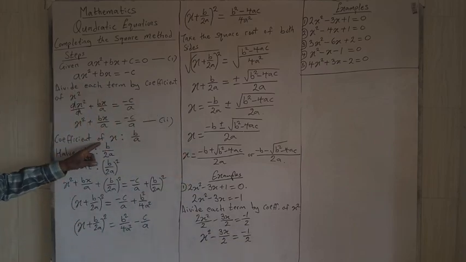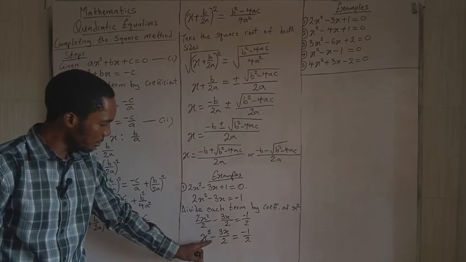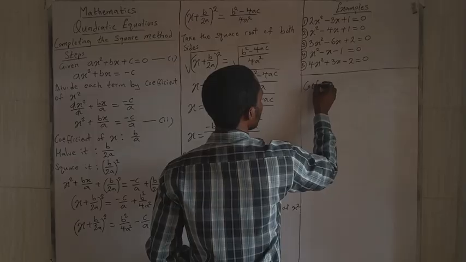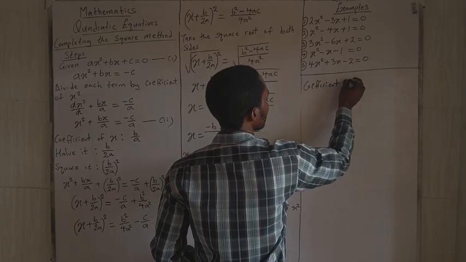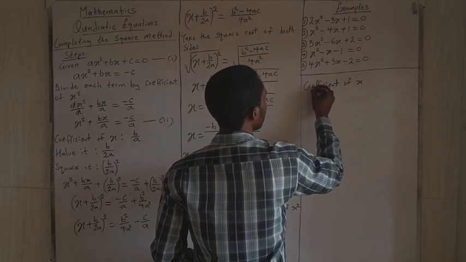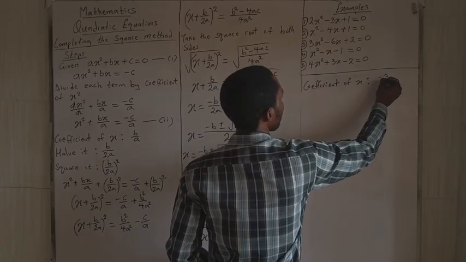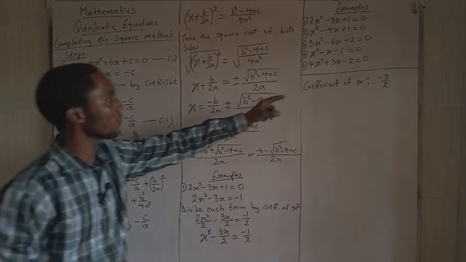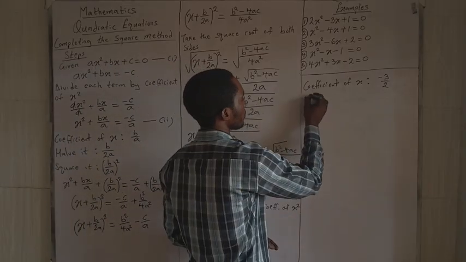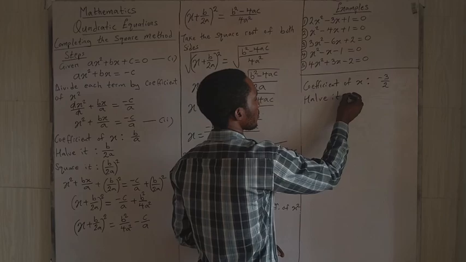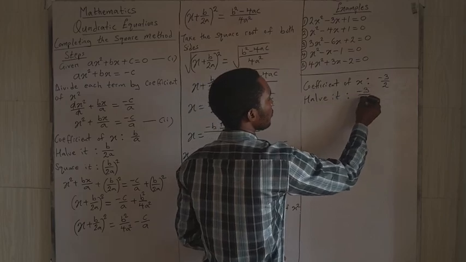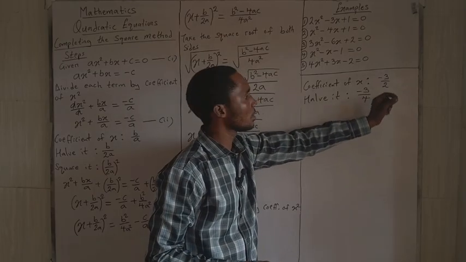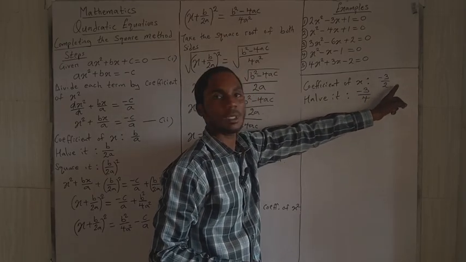Next, take the coefficient of x, and the coefficient of x here is minus 3 over 2. Half it. Divide the coefficient of x by 2. And we have minus 3 over 4, because if we divide minus 3 over 2 by 2, we have minus 3 over 2 multiplied by 2, and that is 4.